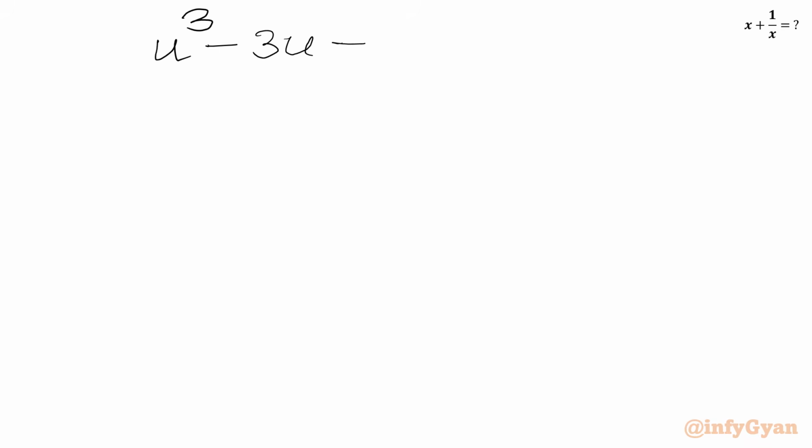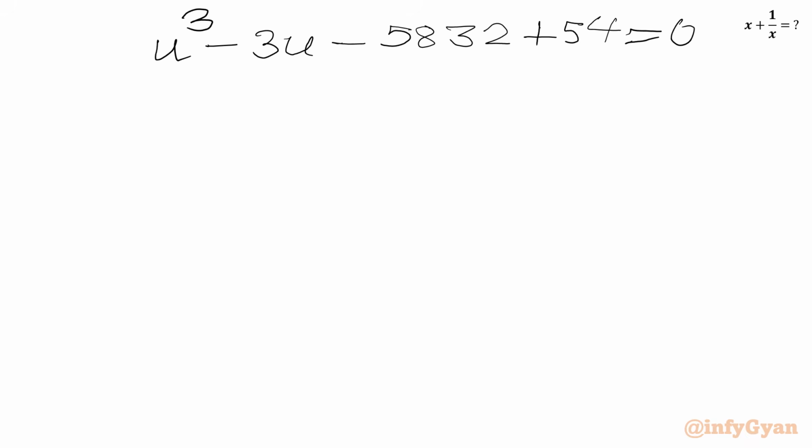So I will split 5778. We can write the cubic equation as u cube minus 3u and minus 5832 plus 54 equal to 0.